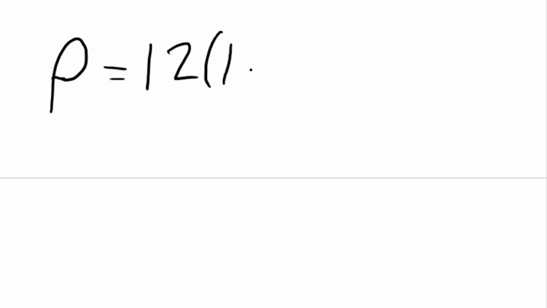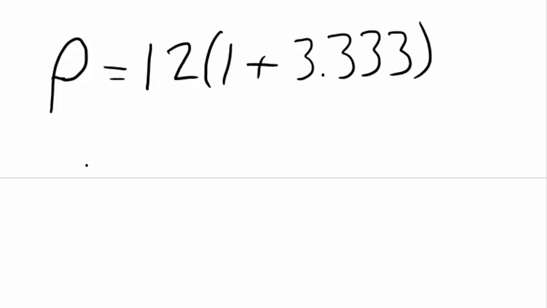So if we were to find the price we would charge with our optimal markup, we would use the markup formula from before of price equals our cost of $12 times 1 plus our optimal markup, which is 3.333.